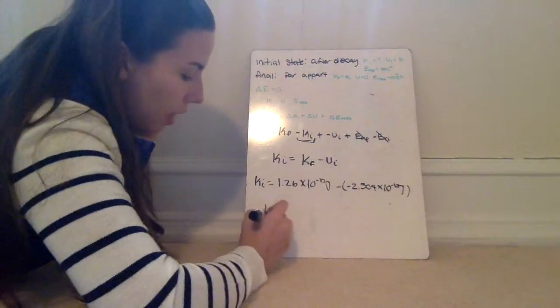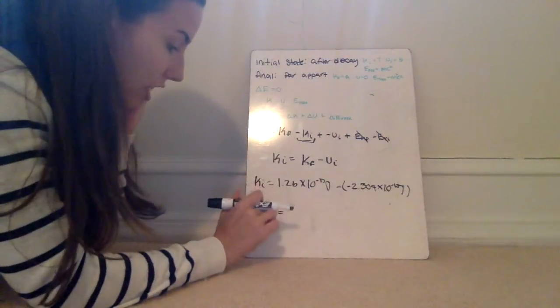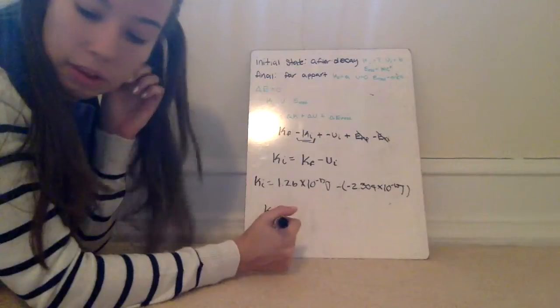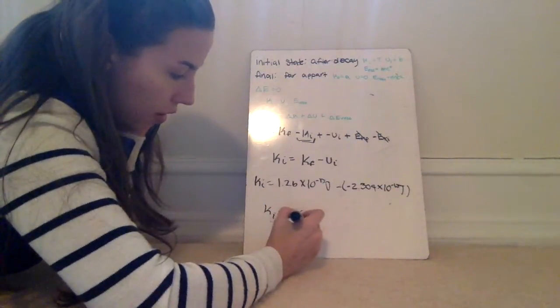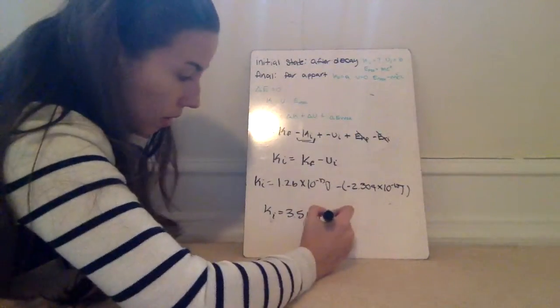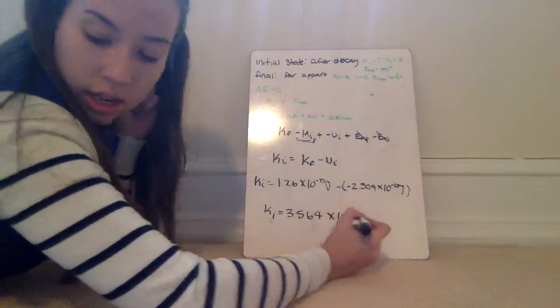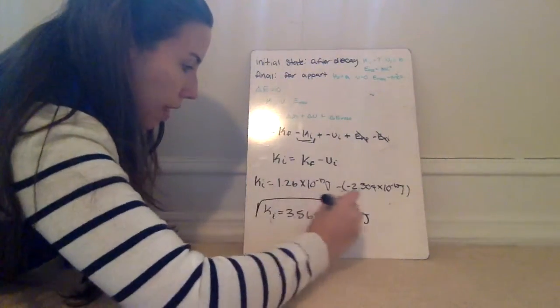So when we add these together, we get our initial kinetic energy, which is what we were solving for, and we get 3.564 times 10 to the negative 13 joules. And that is our answer.